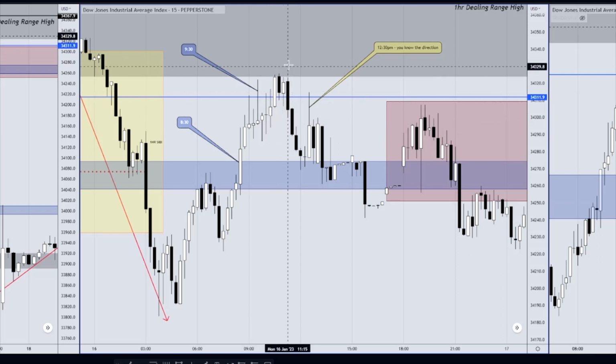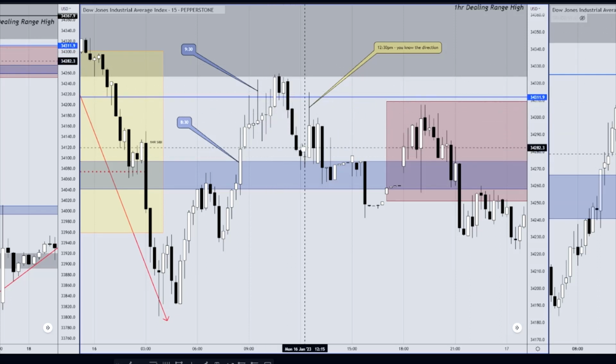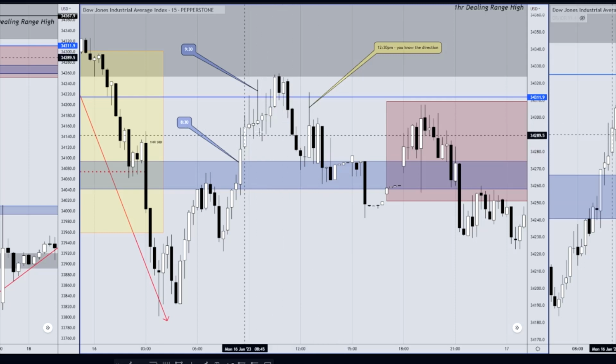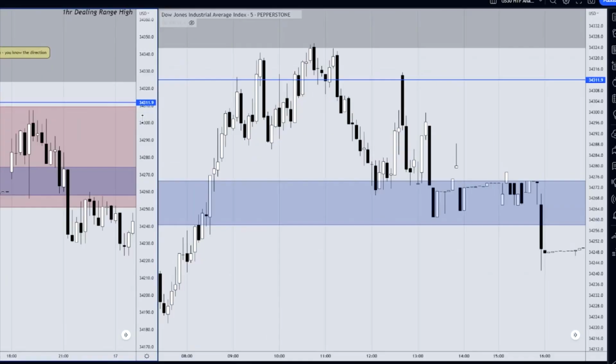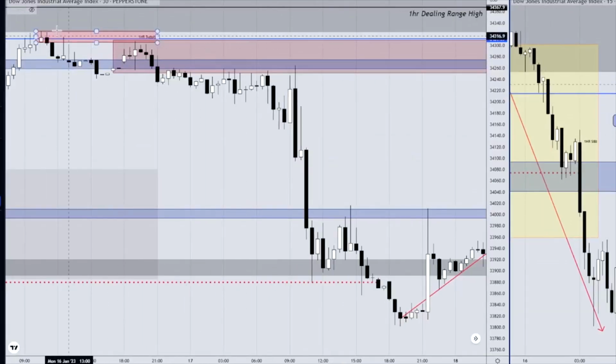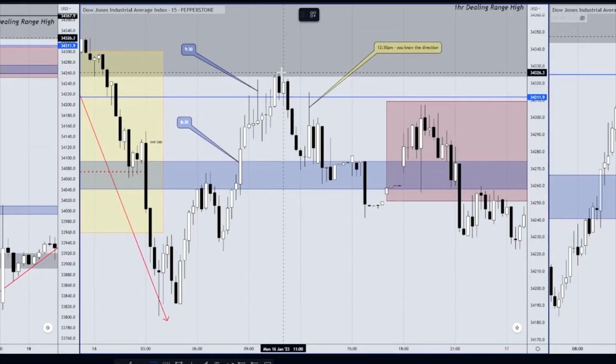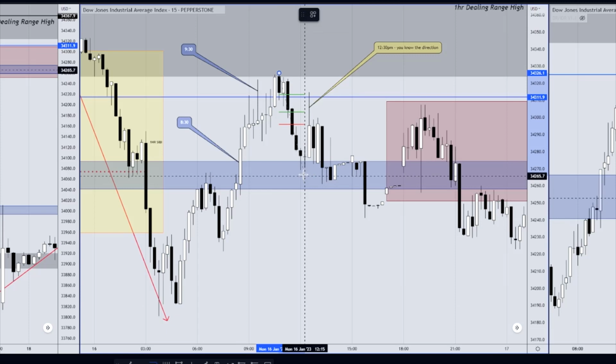Price carried on climbing, but it broke structure. There'll be a 5-minute break structure here, and at 12:30 we have a retest of that area. So that comes into 62% retracement. If I place a fib in that area, 62% is just by that.